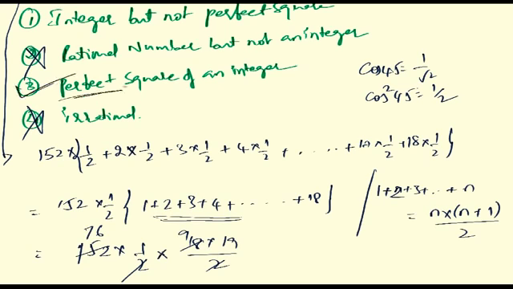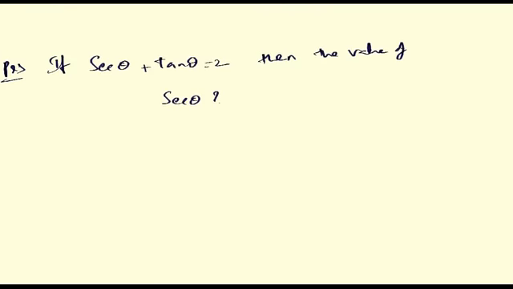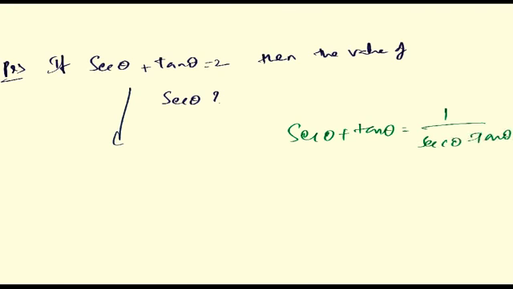You need not find the value, but simply: secant theta plus tan theta is equal to 2, then find the value of secant theta. We know that secant theta plus tan theta is nothing but 1 by secant theta minus tan theta. These are reciprocal to each other. So if secant theta plus tan theta is equal to 2, we know that secant theta minus tan theta will be equal to 1 by 2.